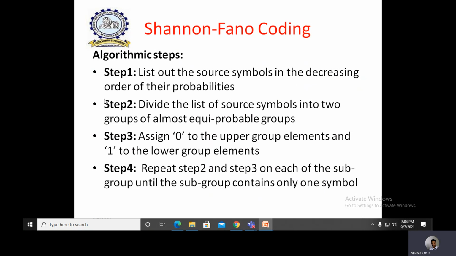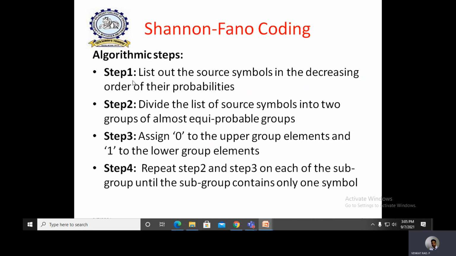The second step is to divide the list of source symbols into 2 groups of almost equiprobable groups. When you read these statements you may feel some difficulty, but don't read these statements directly.